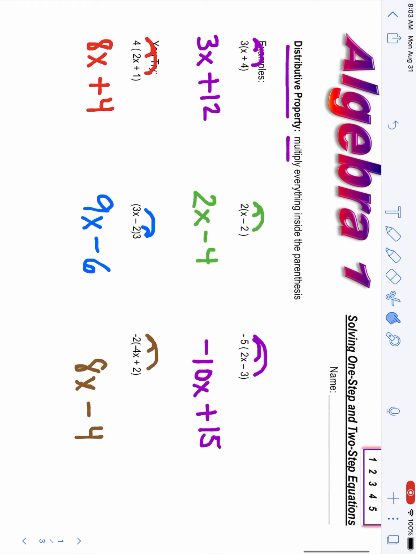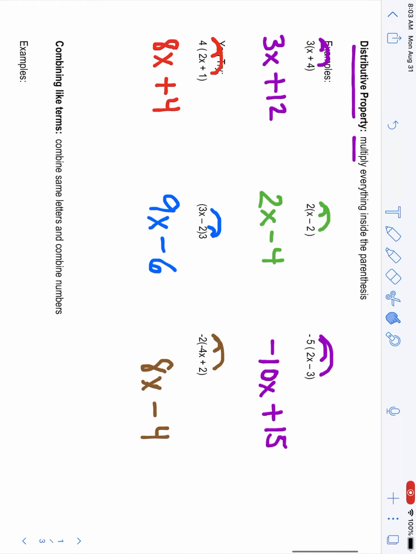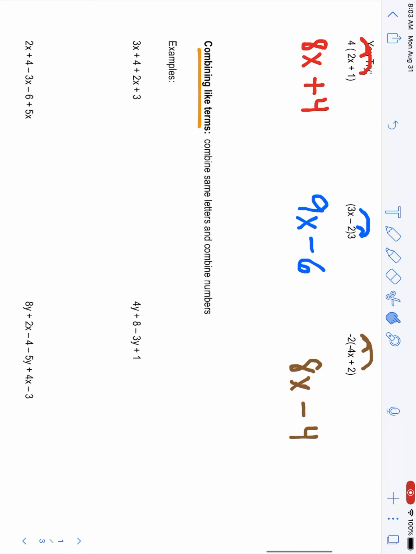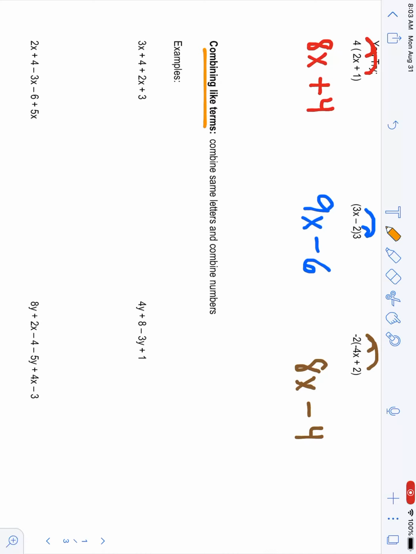All right, so distributive property: multiply everything inside the parentheses. Next, we're going to talk about combining like terms. Combining like terms is when we have letters and numbers mixed in. So we can combine anything that has the same letter, and then we can combine all the numbers at the end.